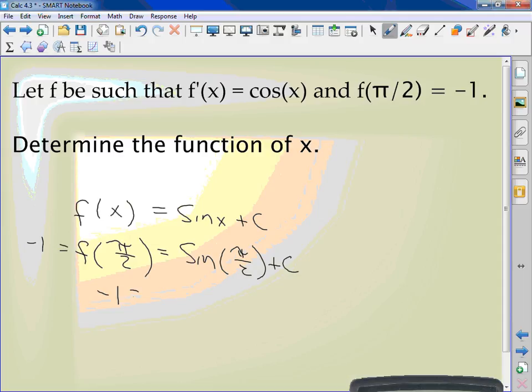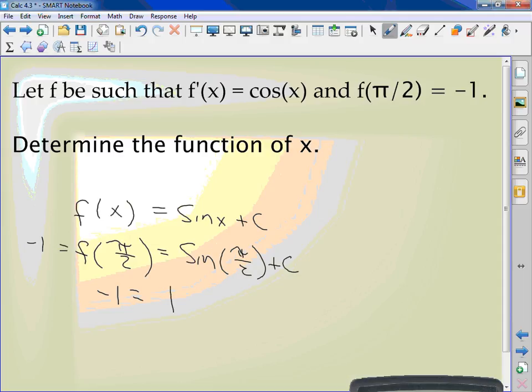So negative 1 equals, what's sine of pi over 2? What's sine of pi over 2? Use your calculator, use your wheel, or your unit circle. So what's sine?